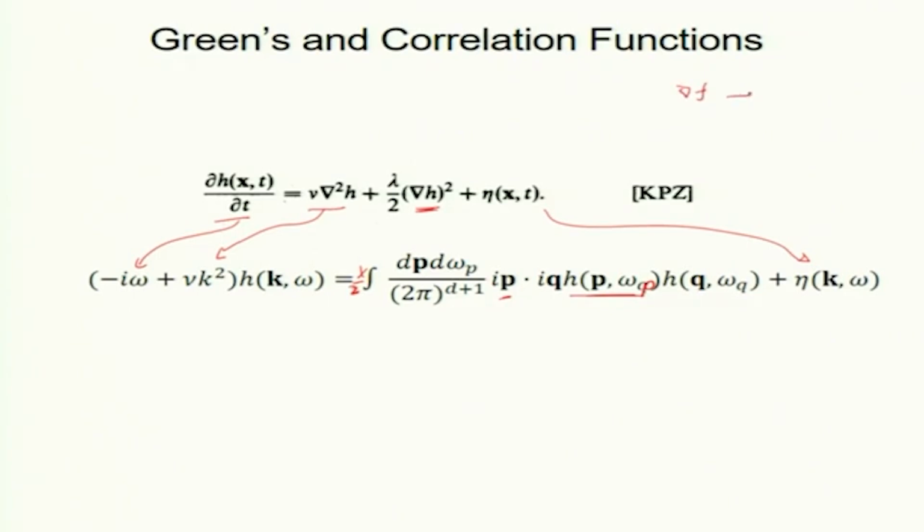Gradient of f in Fourier space becomes i k times the Fourier transform of f of k. Since I am using p as a variable, that gives me i p from one gradient. The other gradient will give me i q, which is integrated. Okay, so this is what we get for the nonlinear term.